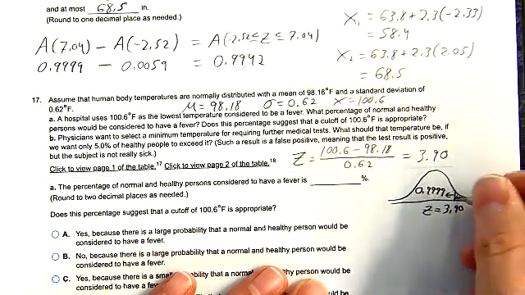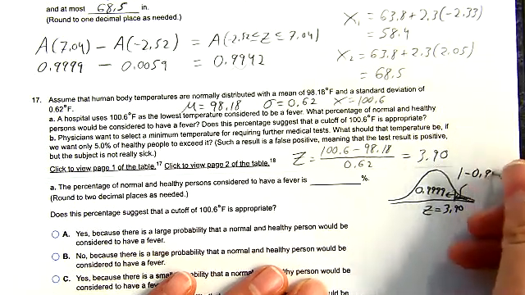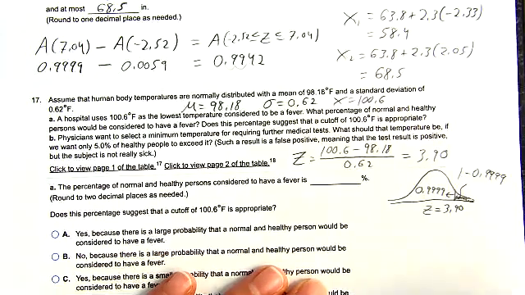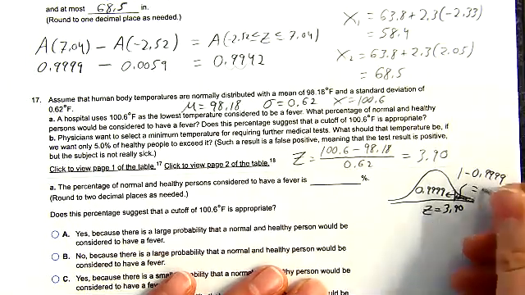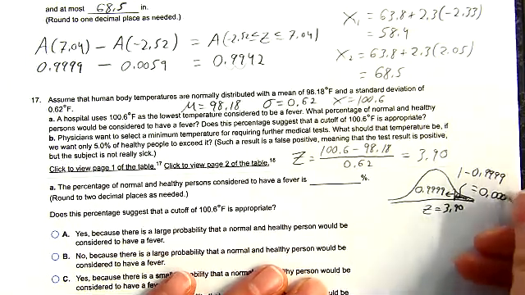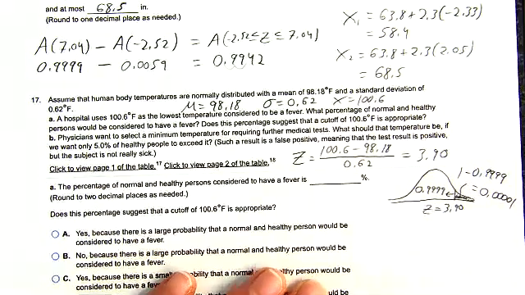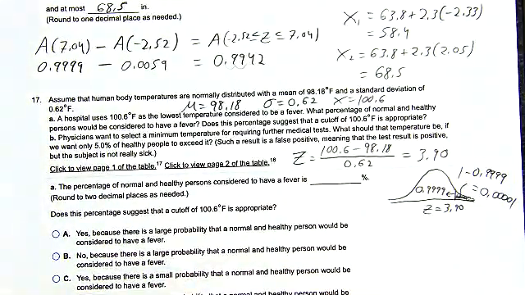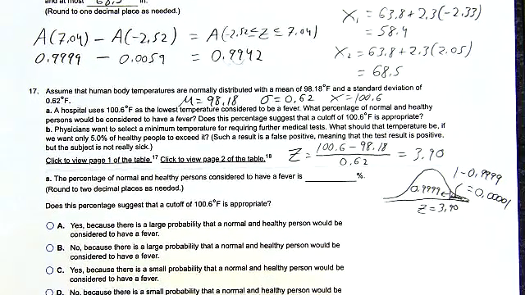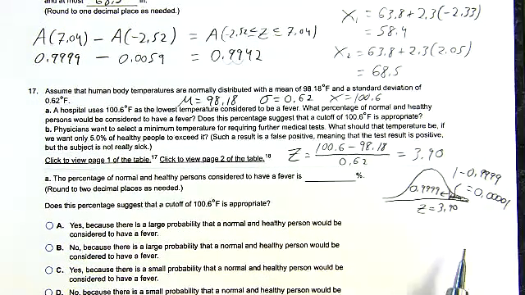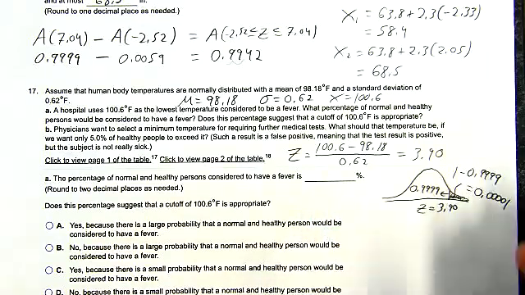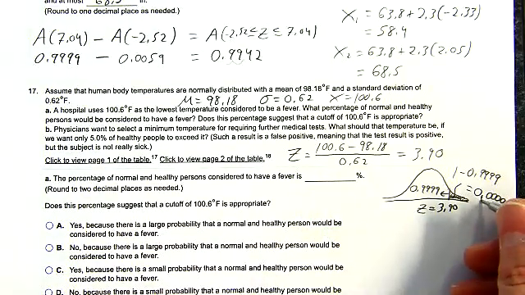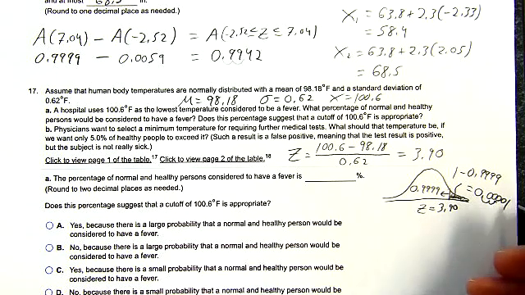Well, this area here would be 1 minus 0.9999, which is equal to 0.0001. Now, the last part is they want you to convert that to a percent. To convert this number to a percent, jump this decimal 2 to the right.